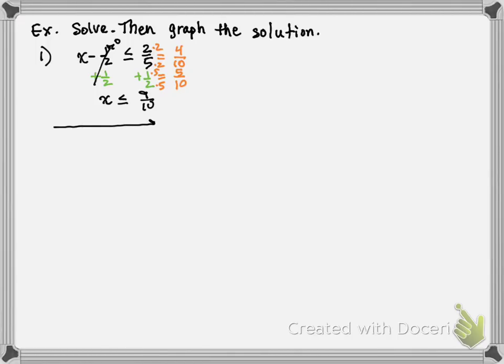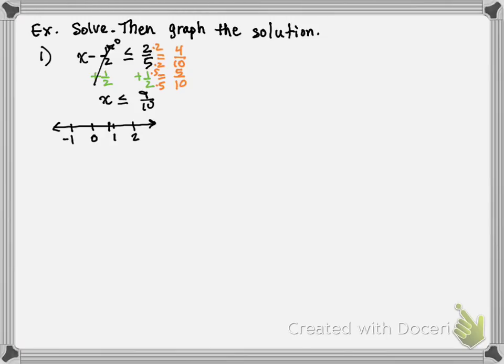So when I graph fractions, remember we talked about that we now need 4 numbers on our number line, because we need to think about what are the 2 whole numbers 9/10 is between. So it's less than 1, but it's greater than 0. Then I add a number smaller than 0 and a number that's greater than 1. Now I'm going to estimate where I think 9/10 would be.